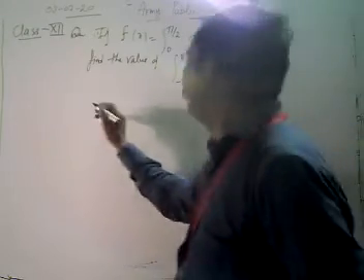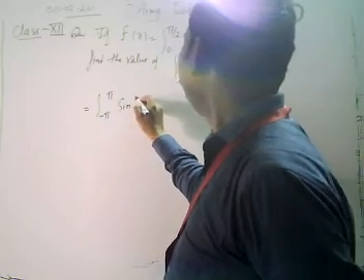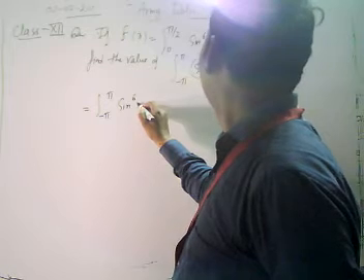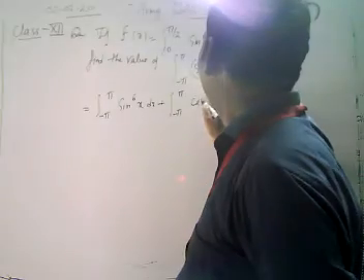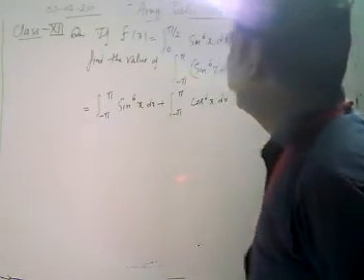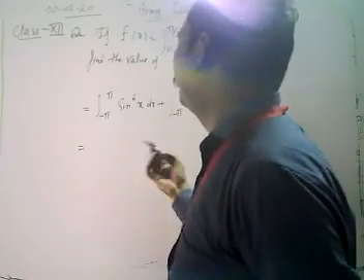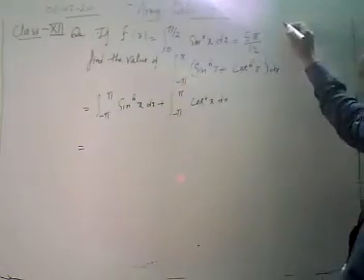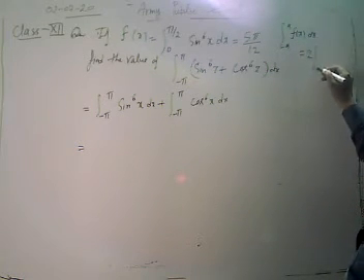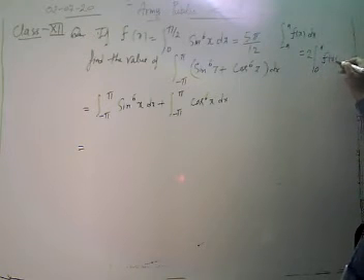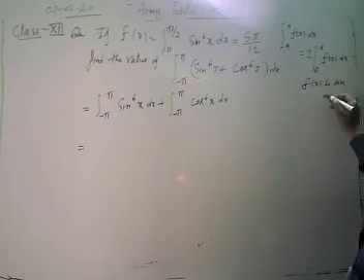First of all we break this into the integral from minus pi to pi of sine to power 6x dx plus the integral from minus pi to pi of cos to power 6x dx. Now this is even, so what is our property? The integral from minus a to a of f(x) dx is equal to 2 times the integral from 0 to a of f(x) dx when f(x) is an even function.